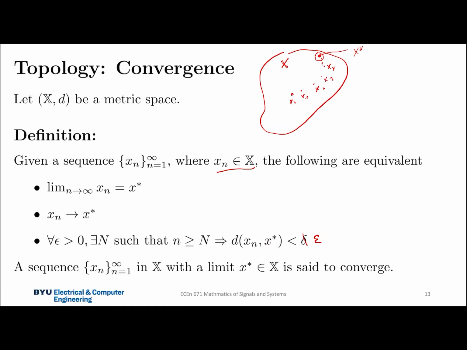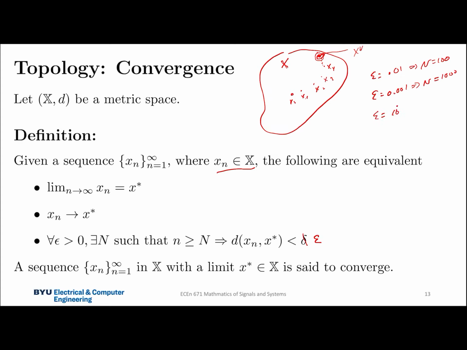So when it converges, I can pick any epsilon. When epsilon is equal to 0.1, then maybe n is equal to 100. But I can pick epsilon even smaller, 0.001. Now I've got a smaller ball, and in that case n is probably maybe 1,000.